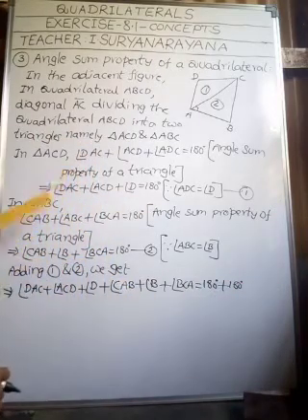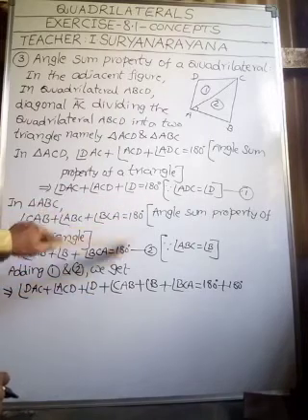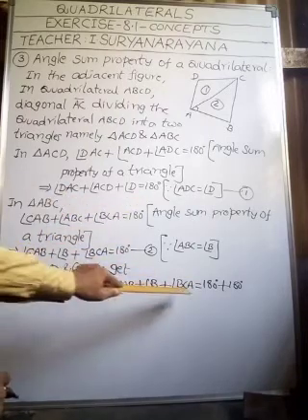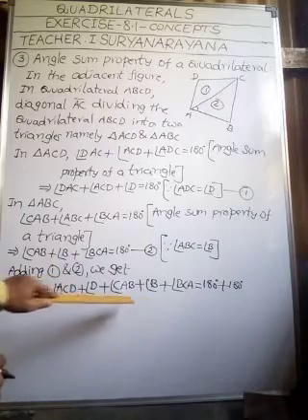Understood this step, my children? I added LHS parts of these two equations and I added RHS parts of these two equations. Then we got this step. Okay, my children, understood this step?